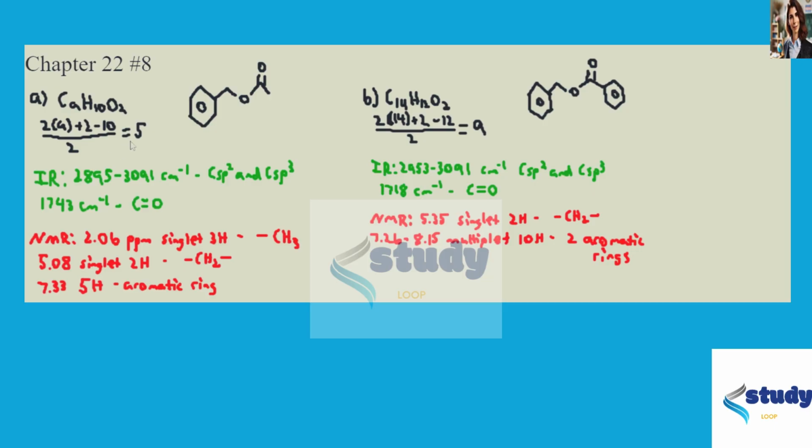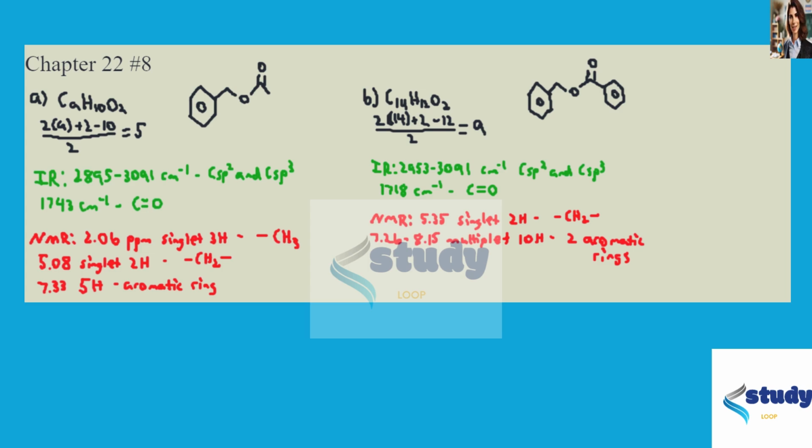So for molecule A, we have 2 times 9 carbons plus 2 minus 10 hydrogens, all over 2, and we get 5.